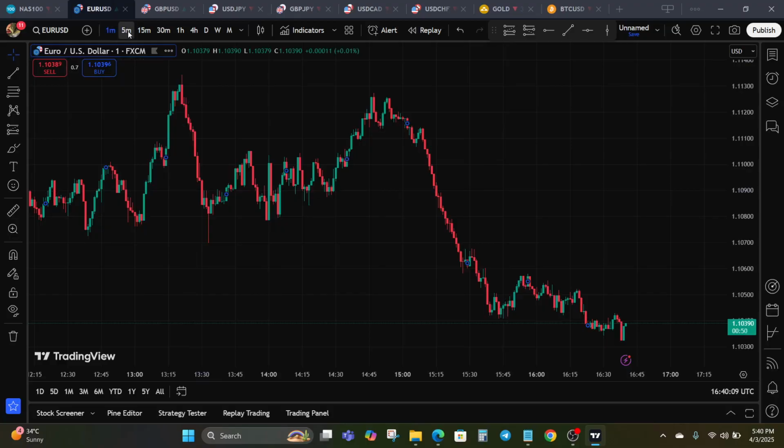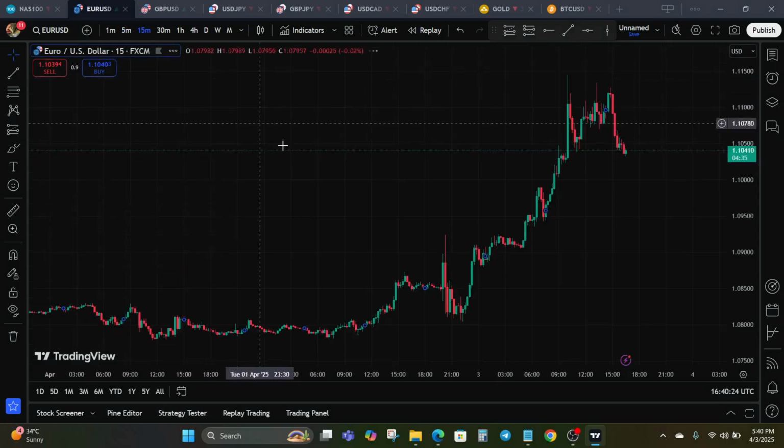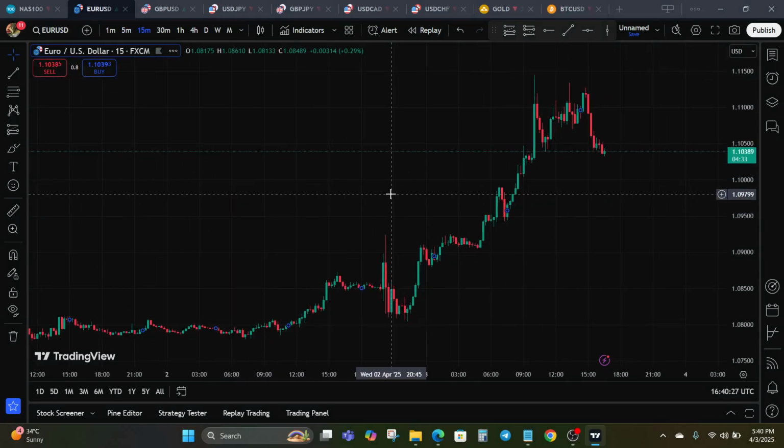The 5-minute chart is a slightly slower time frame that still allows you to capture fast movements while providing a bit more clarity on trend direction. The 15-minute chart is useful for spotting broader market trends while still offering quick trade setups. Using a combination of these time frames can give you a clearer picture of the market and help you make more informed decisions when entering and exiting trades.